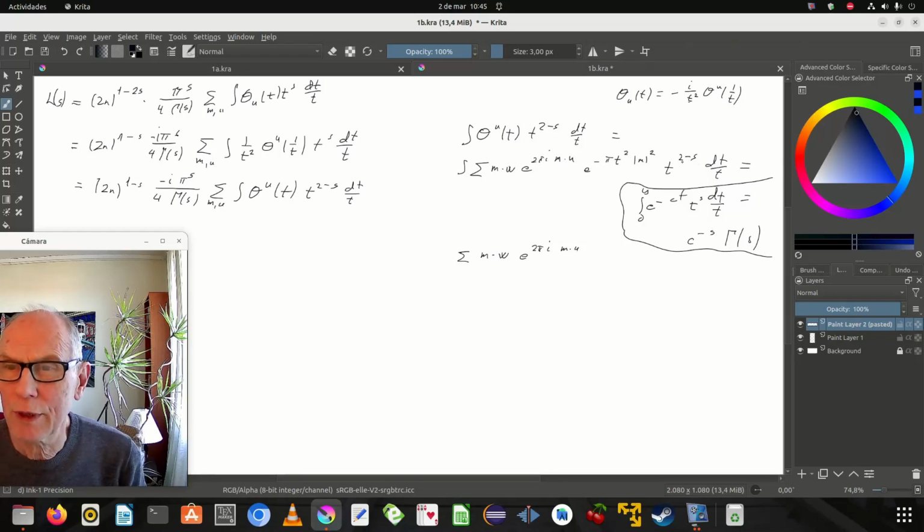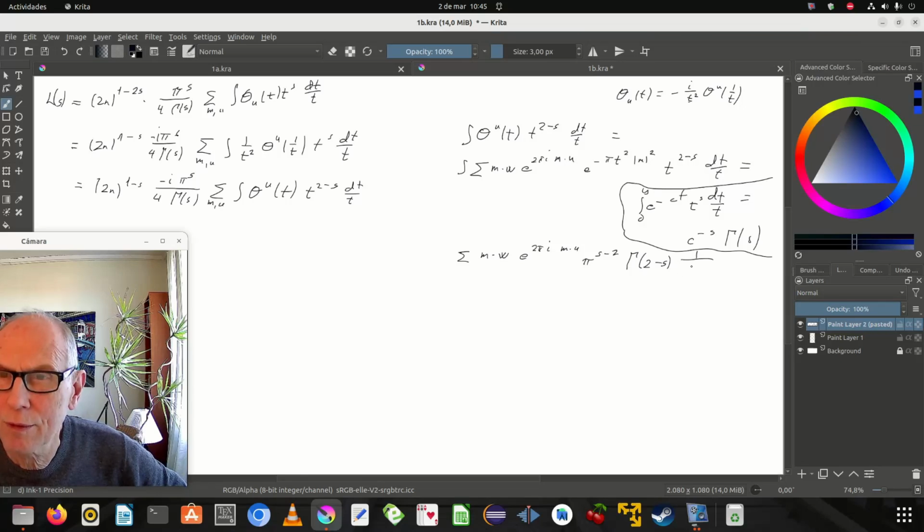So now it's 2 minus s here. So it's pi to minus, that's s minus 2, gamma 2 minus s, and then the sum.